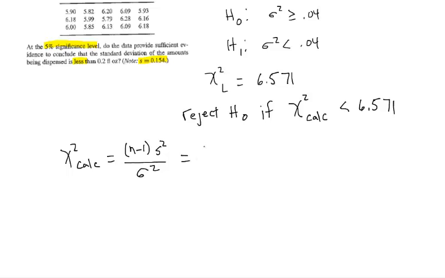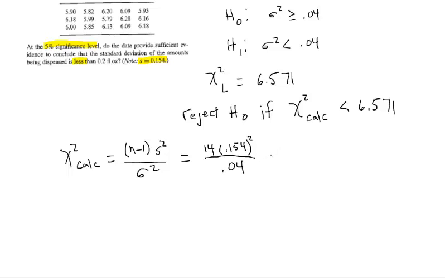And our N minus 1 was 14, that was our degrees of freedom. S was equal to 0.154, and we're going to square it, divided by sigma squared, which was 0.04.